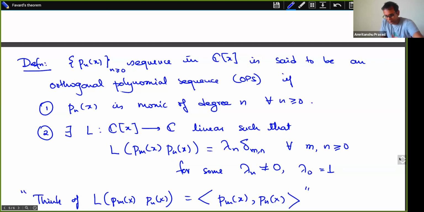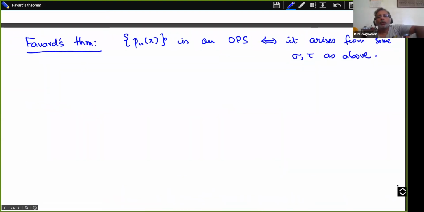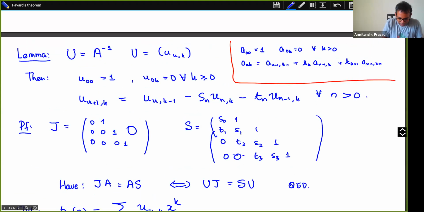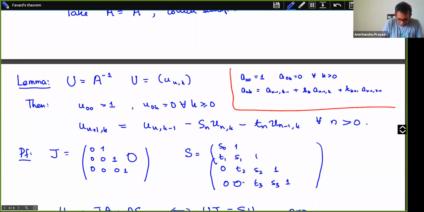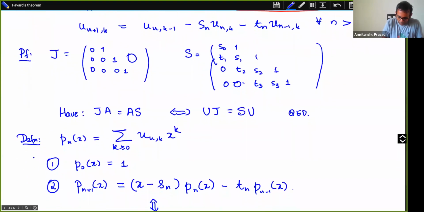It arises from sigma tau as above, where the Tis are non-zero. That's all. So I'm saying that there exist sigma and tau such that, with all this stuff you do, you construct this triangle A using sigma and tau. Yeah, got it.